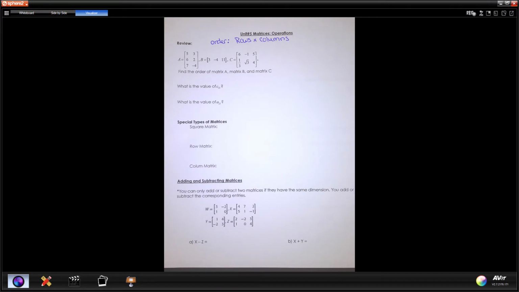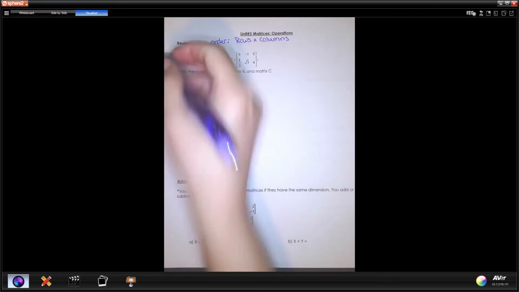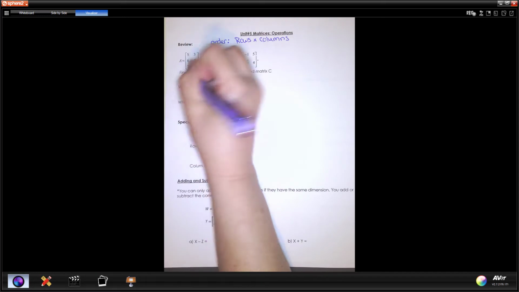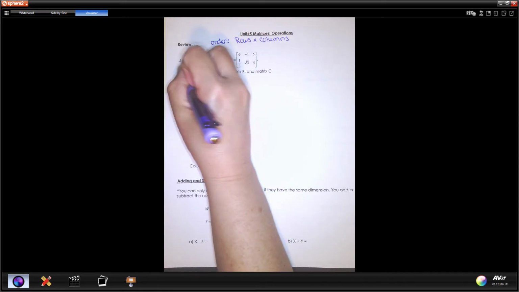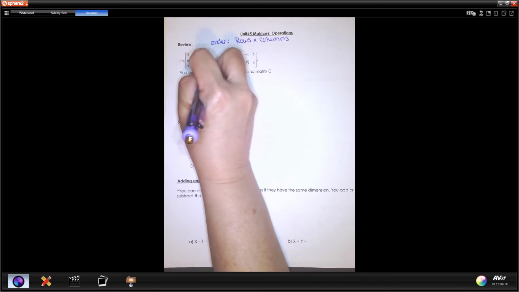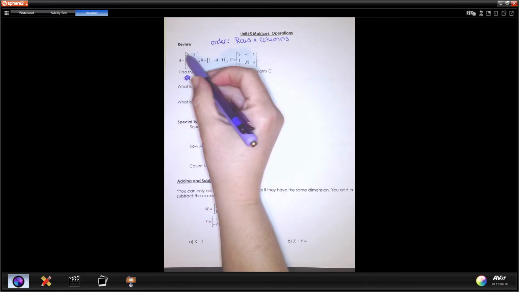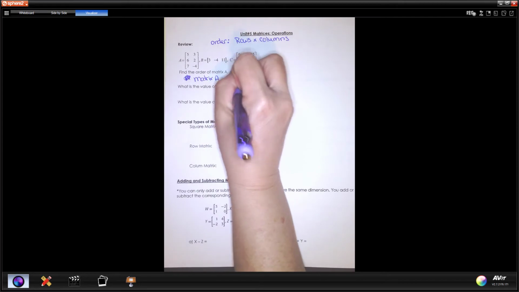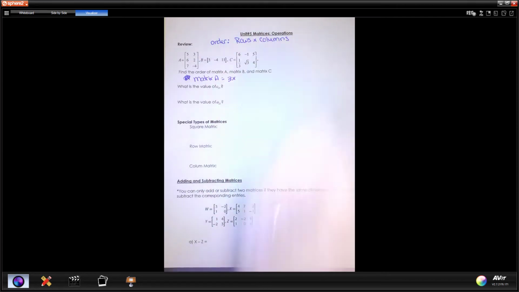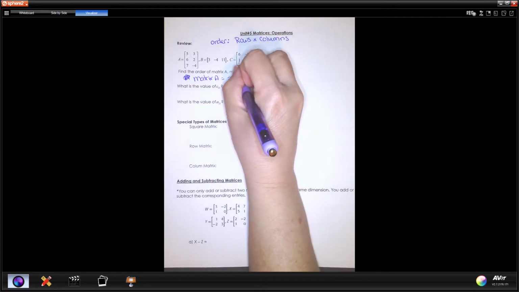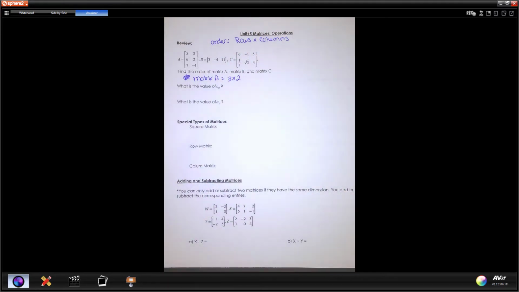So if we wanted to find the order of matrix A, our order of matrix A would be equal to 3 rows, so 3 by, and then 2 columns. So it is a 3 by 2.